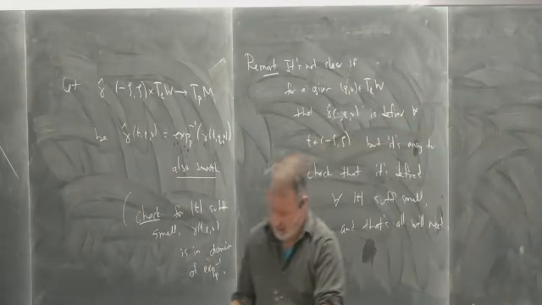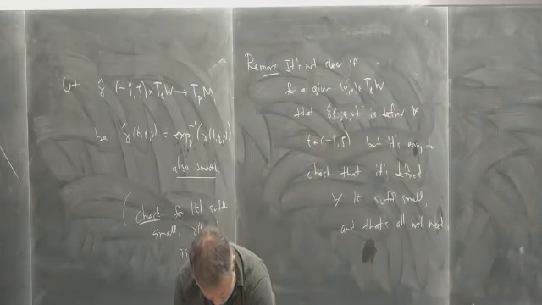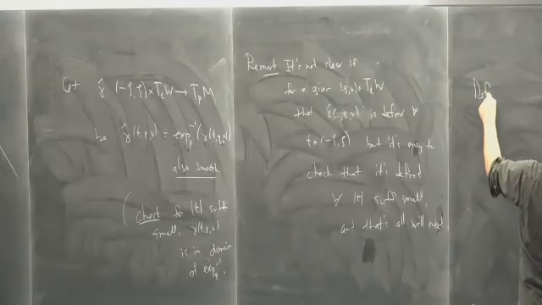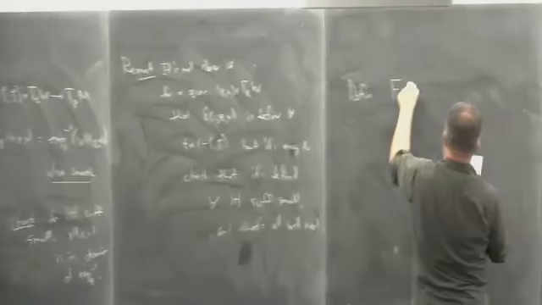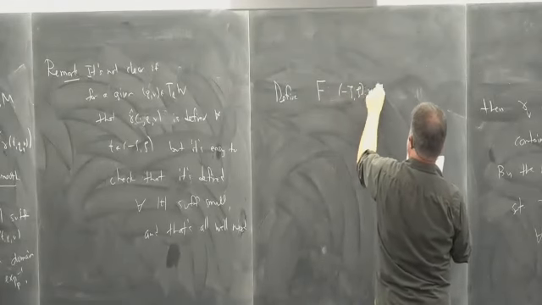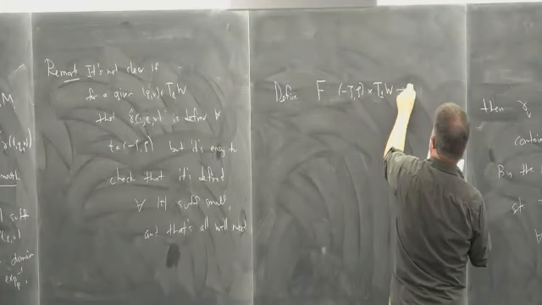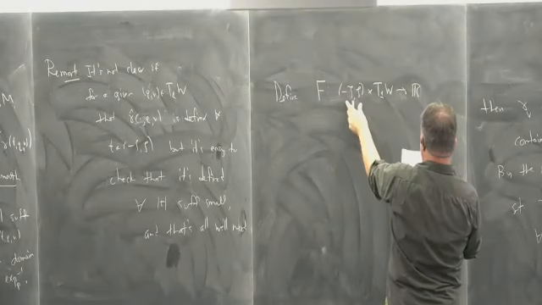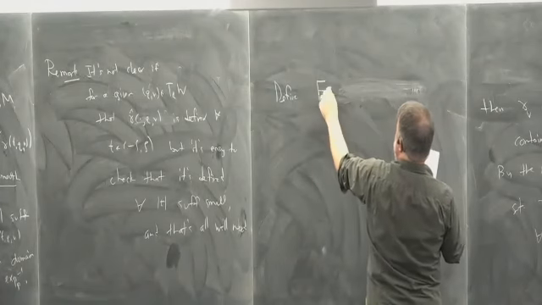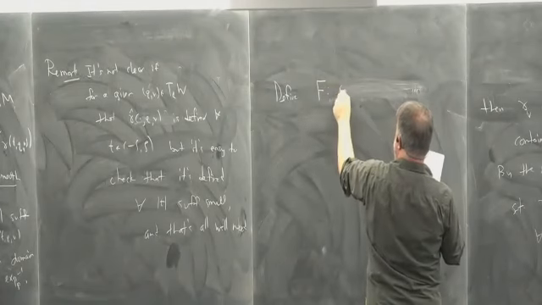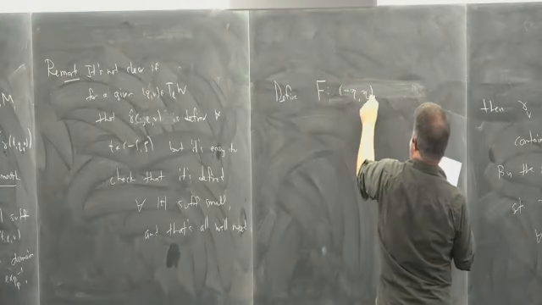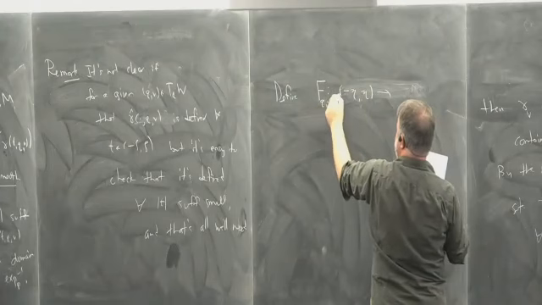Okay, so now we're almost done. Define a map capital F. Again, I'm being a little sloppy here because this might have to be smaller. Let's say some minus eta, eta.